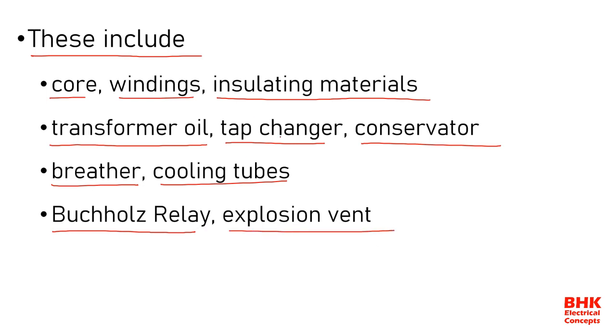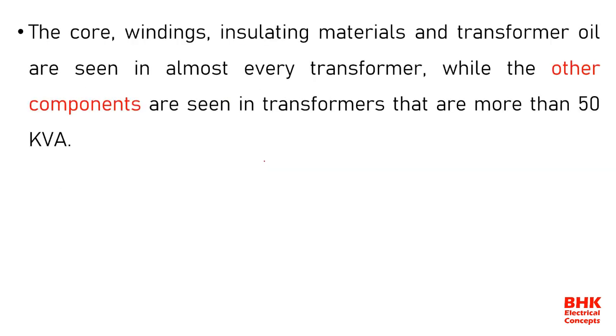So all the parts we discuss are mentioned here. And the most important thing is that the core, windings, insulating materials, and transformer oil are almost always available in every transformer.